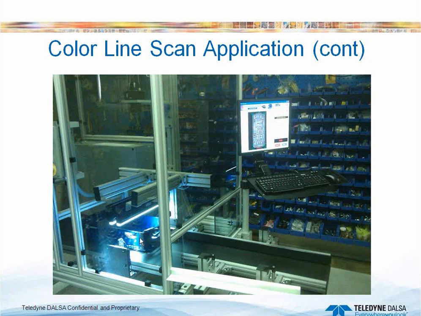As you can tell, there's a tray coming in to being scanned. Here are the two white lights, and here's the line scan camera. This is the system without any shielding, and then the tray comes at the end and gives the operator a summary of all the things that get inspected.